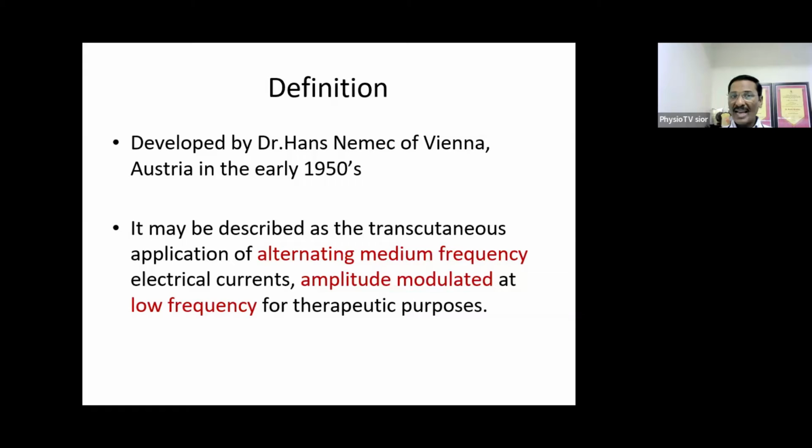This was described as transcutaneous application of alternating medium frequency current, which is amplitude modulated at low frequency for therapeutic purpose. That means we are using two medium frequency currents and superimposing them, and finally the output is of low frequency, like that of TENS and other machines.